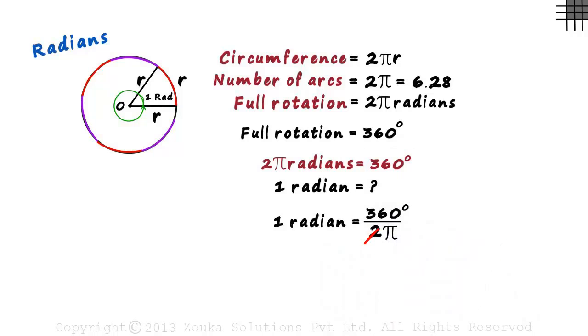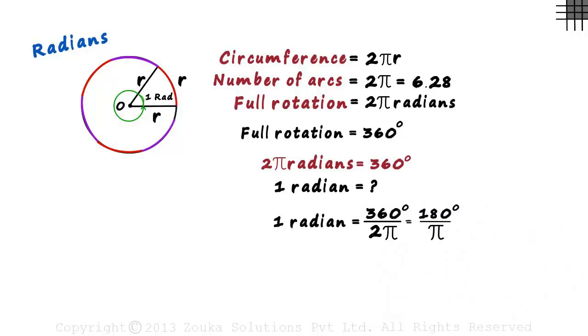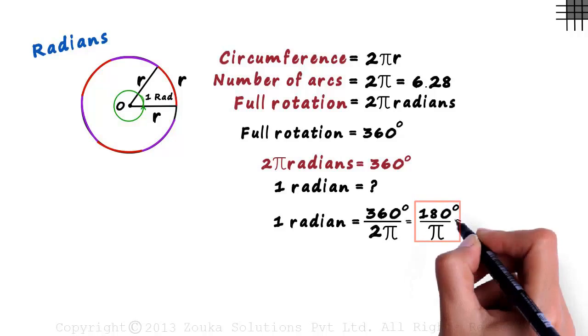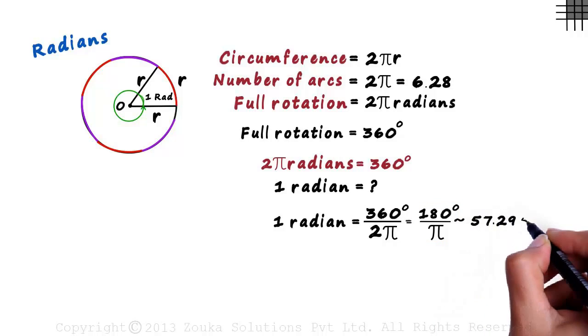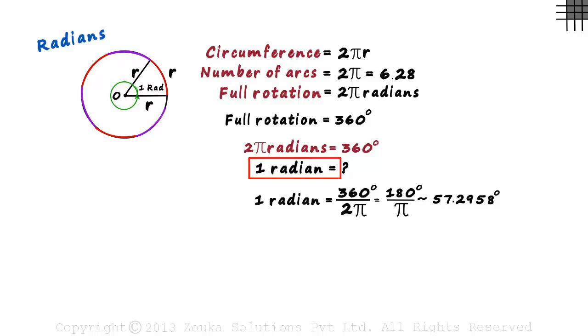We know that 2 multiplied by 180 is 360. Hence 1 radian will equal 180 degrees by pi. The value of pi is approximately 3.14. So this approximately equals 57.2958 degrees. Well, there you go. 1 radian equals 57.2958 degrees.